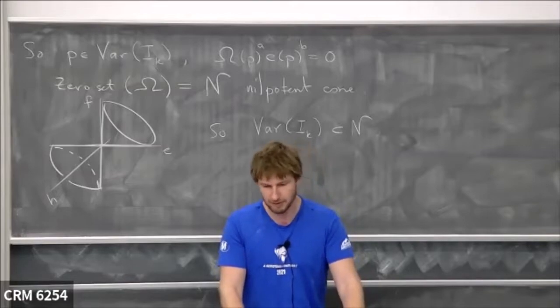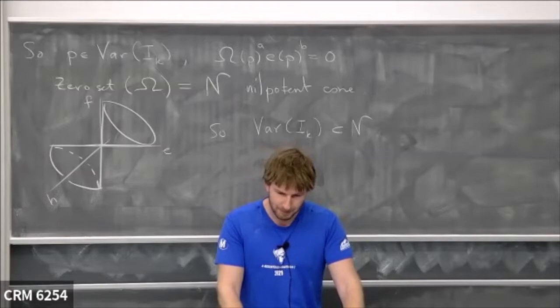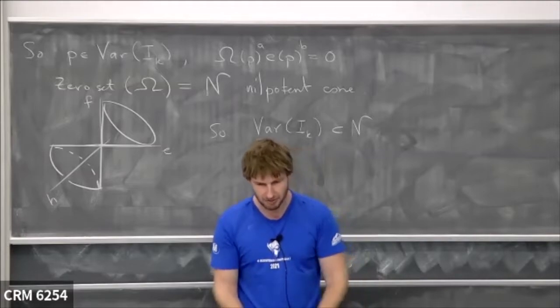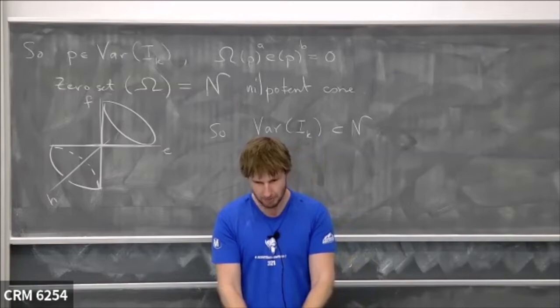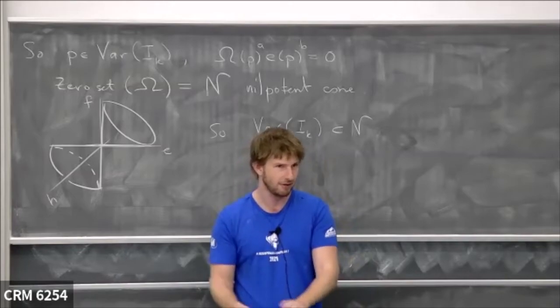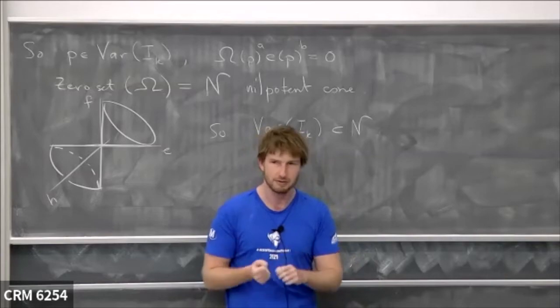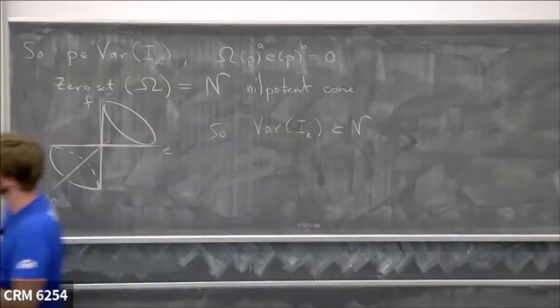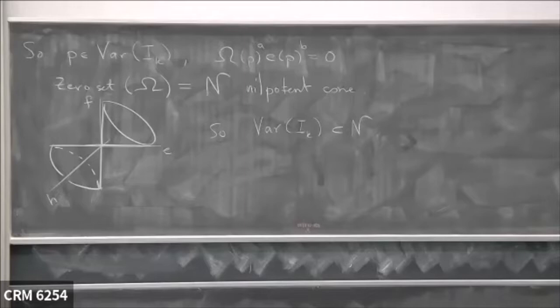Thinking geometrically about super stuff is morally the same as thinking scheme theoretically about usual stuff. You take care of nilpotents, and things. Even in the usual case, this scheme has some non-reduced structure. That's a long way to say that. How about the non-negative integer case? Can we say anything? No. For the super case?